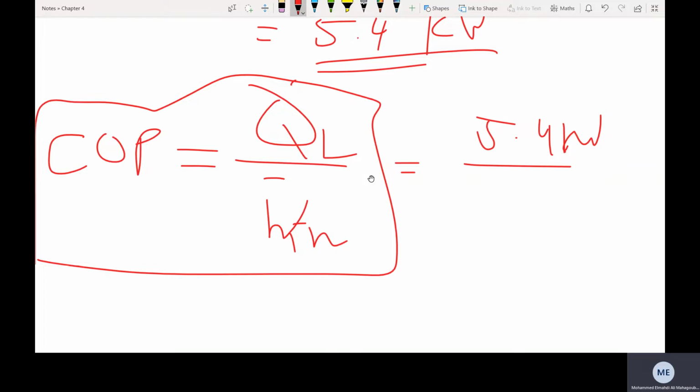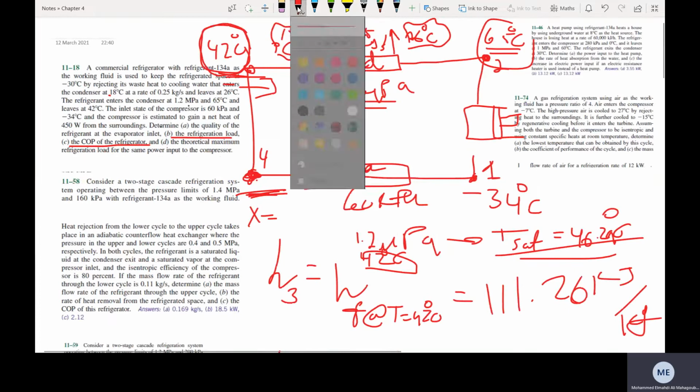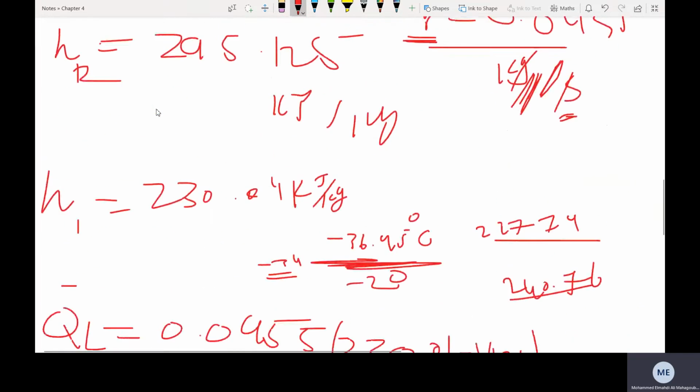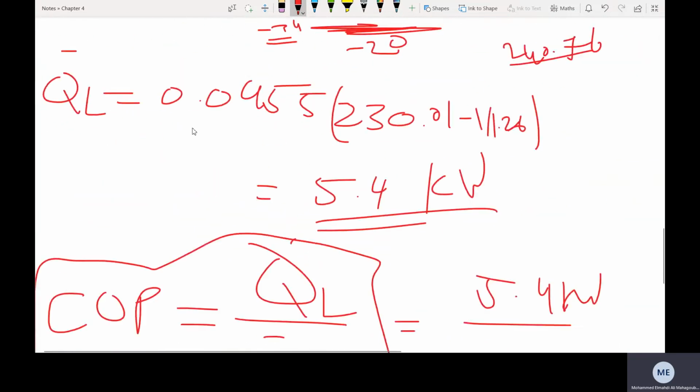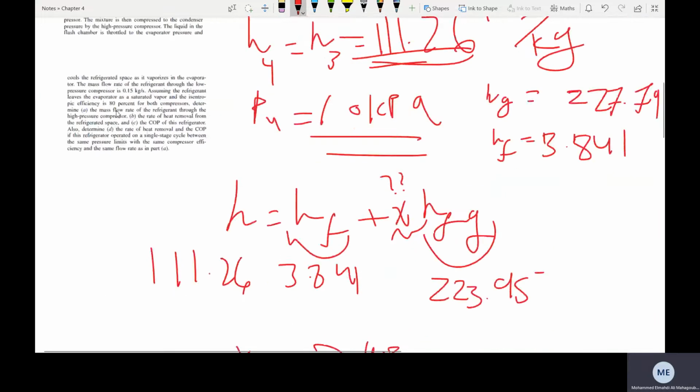But remember the 450 at the beginning of the question: it is an amount of heat that was gained in the compressor. I just want to find the work, not really caring about this heat.